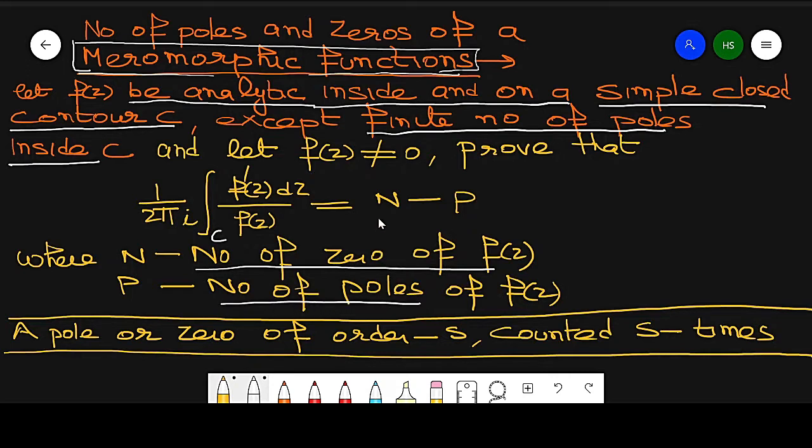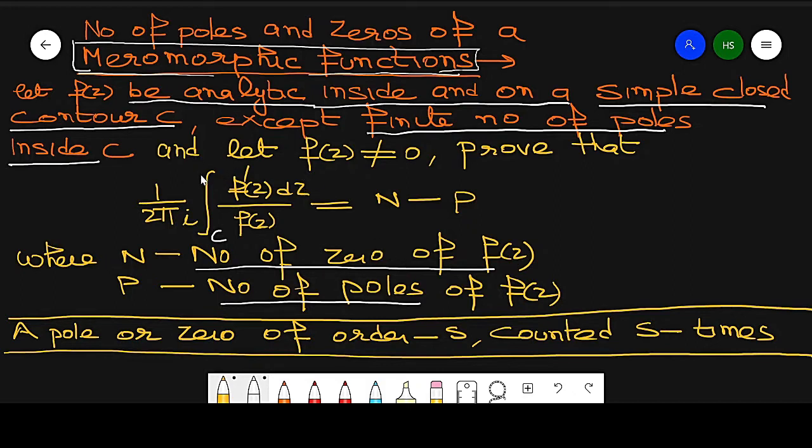Remember here that if a pole or zero is of order s, then it is counted s times. For example, if 1 is a zero of the function with multiplicity 3, it is counted as 3, not as 1. So this is my theorem.